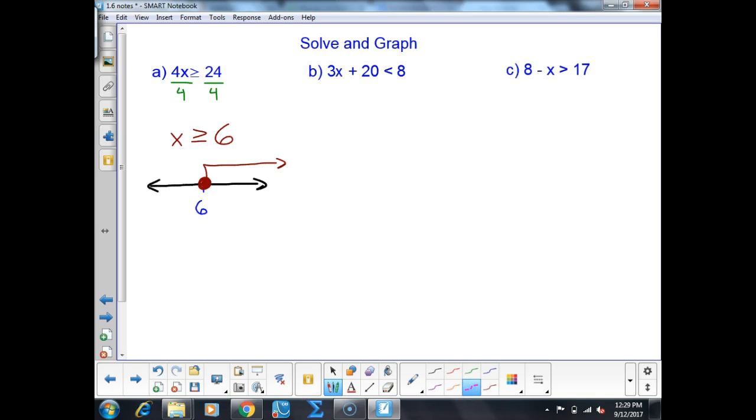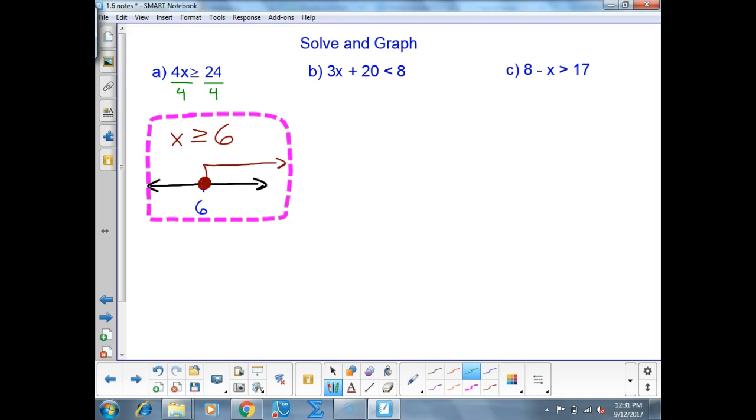What I'd like you to do now is I would like you to do these next 2. So first I would subtract 20. So that gives me 3x is less than negative 12. Then I'm going to divide by 3.